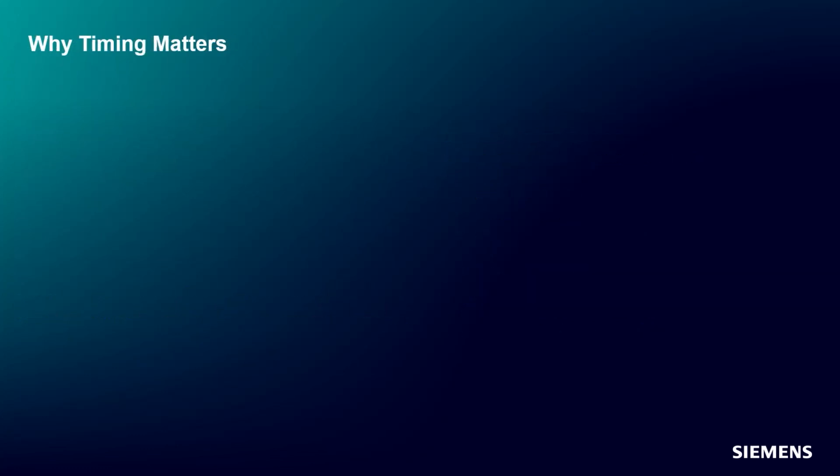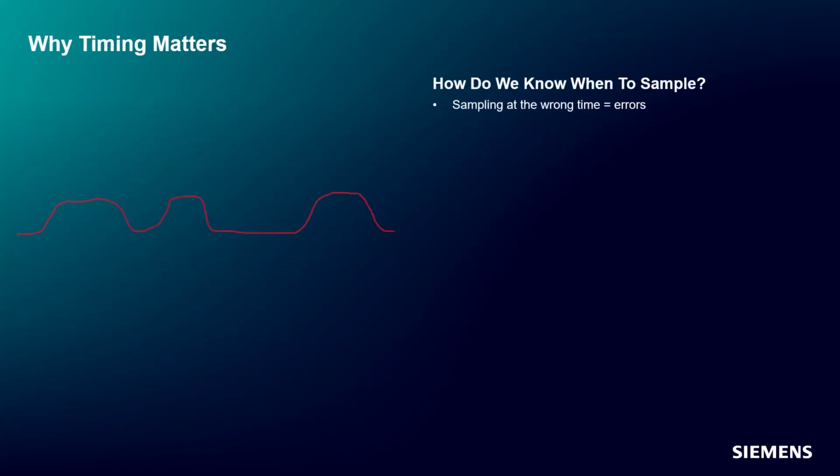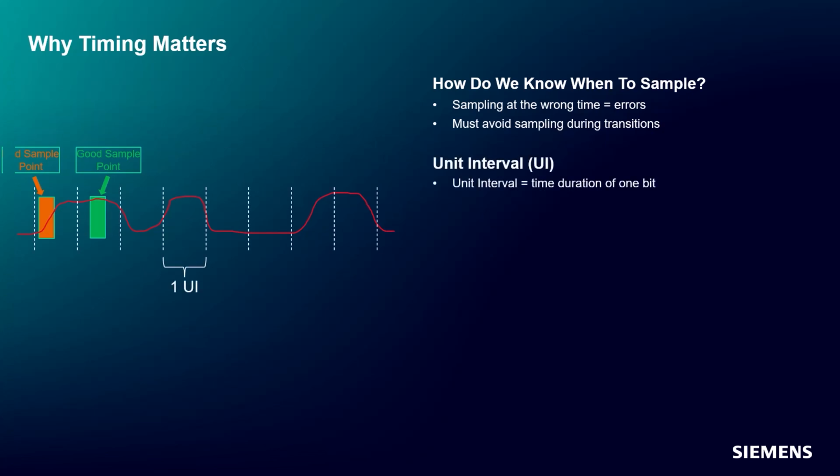If the signal is a waveform, then the next question is, when should the receiver sample it? If the receiver samples at the wrong time, it may capture the signal while it is transitioning between 0 and 1, leading to an incorrect decision. To understand this, we introduce the concept of the unit interval, or UI. The unit interval is simply the time duration of one bit.